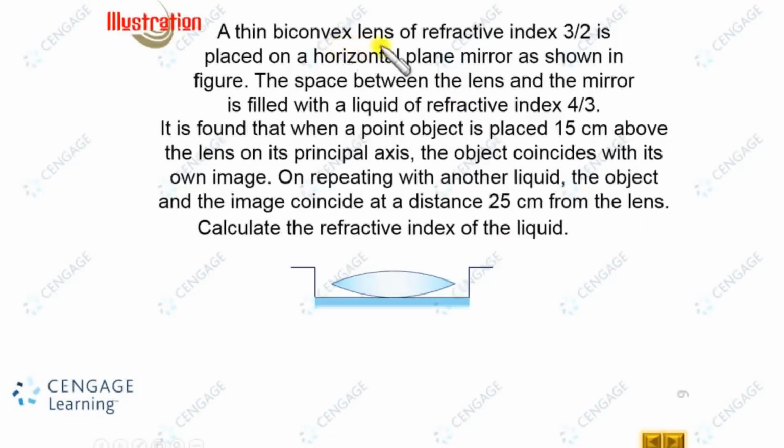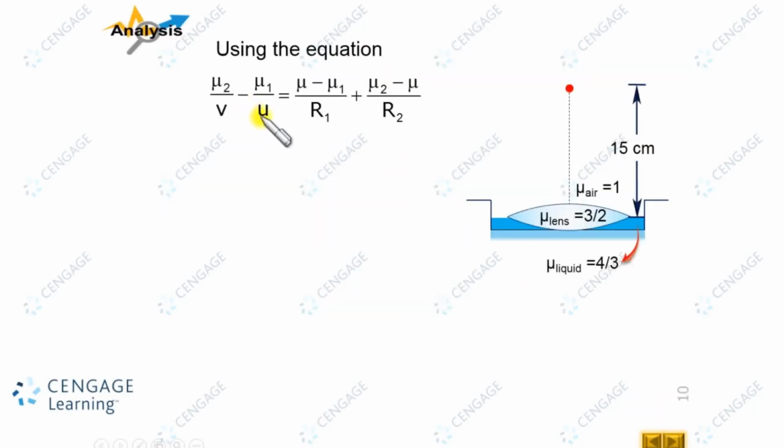But in the question, we are not given the radius of curvature, but we are given the refractive indices at top and bottom. We are given U value, we are given V value. If we substitute the values of mu1, mu2, mu, U and V, we can find R1 and R2. And the given lens is biconvex, that means R1 is equal to R2.